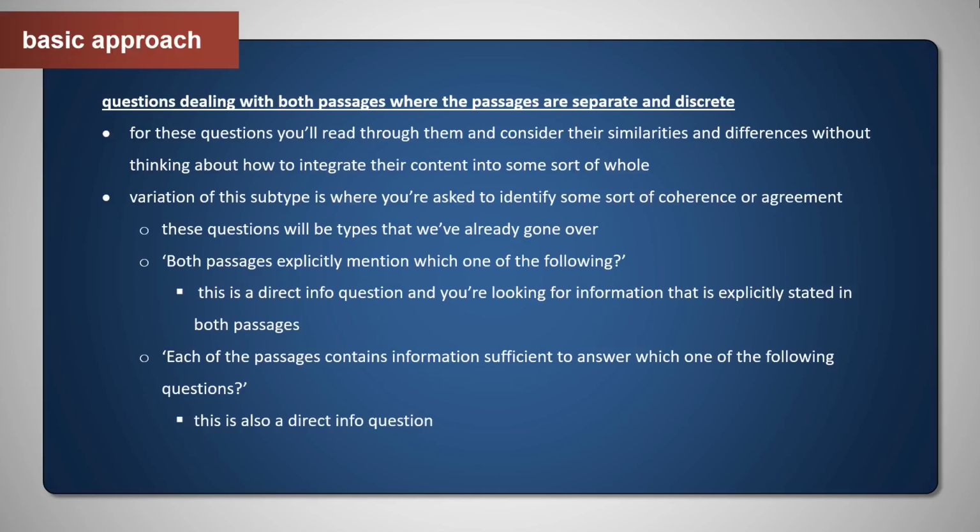So where you have the passages considered as separate and discrete, once again, it's going to be similar to what we've already seen with respect to the other questions we've gone over in the other videos. You'll just be asked to find something that is in two different places or that deals with two different places, but they're separate.